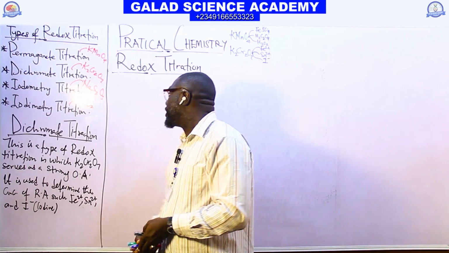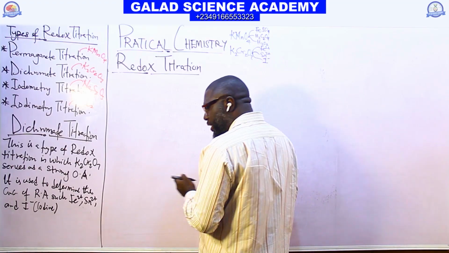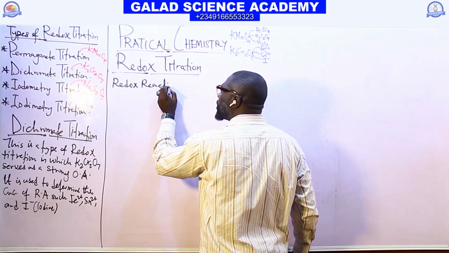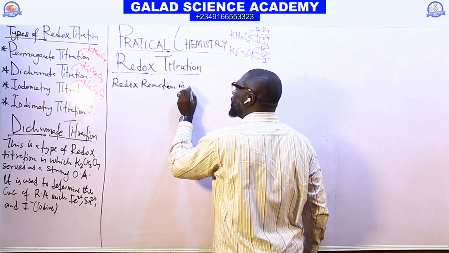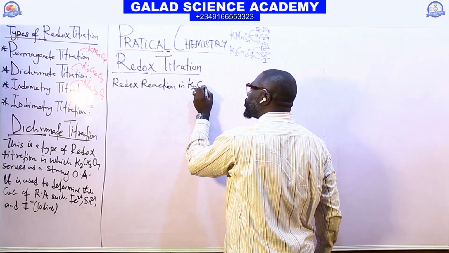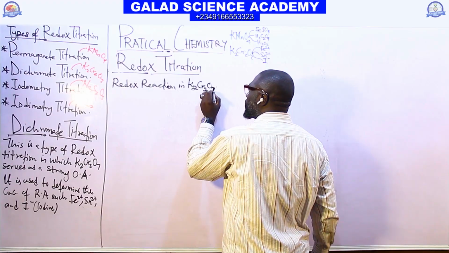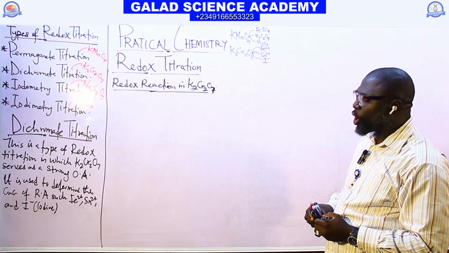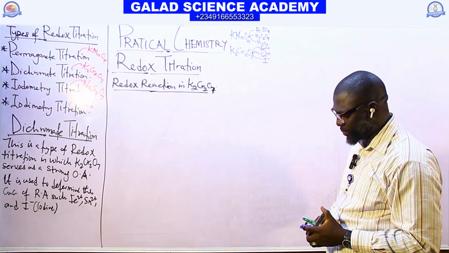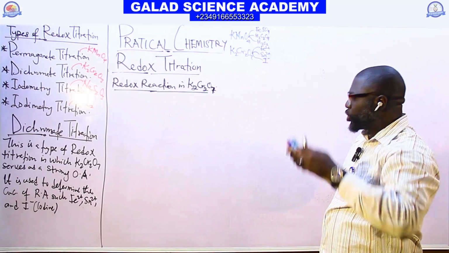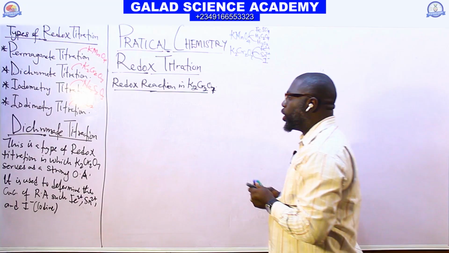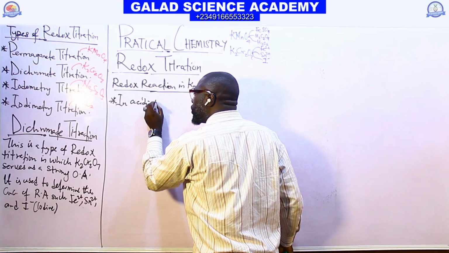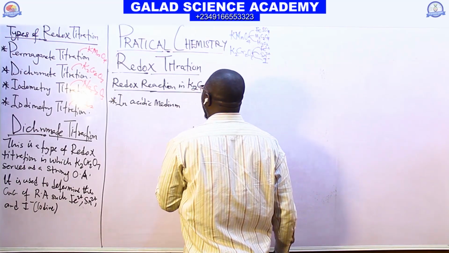Let us look at the redox reaction in K2Cr2O7. It is also in acidic medium.